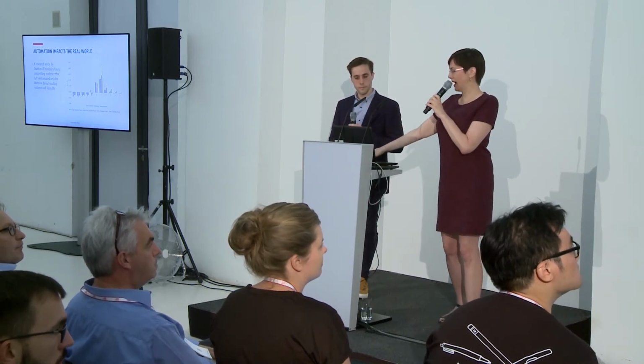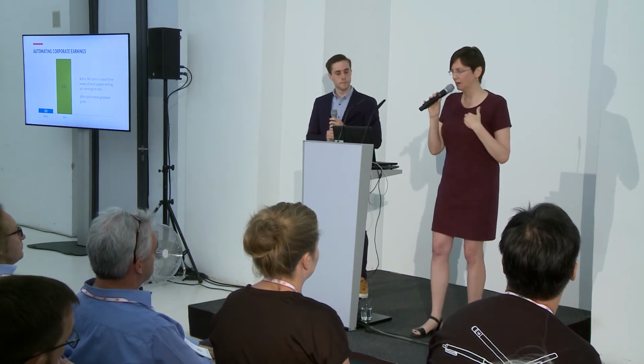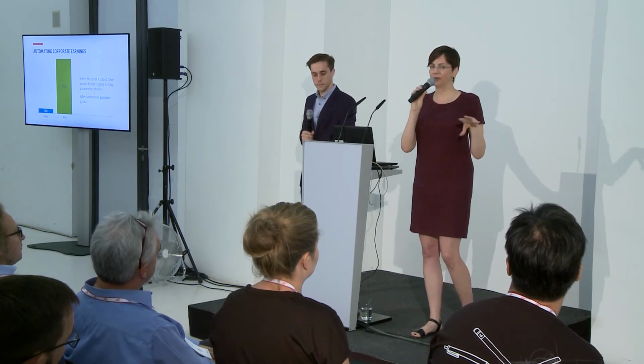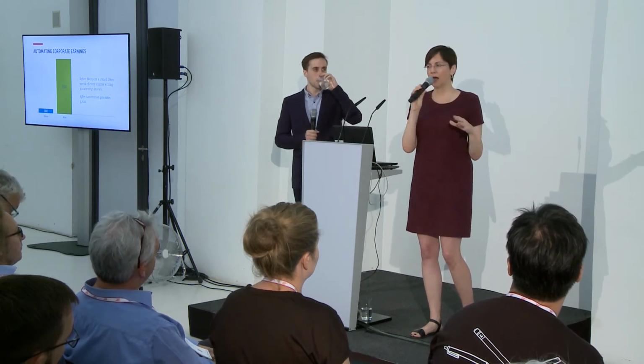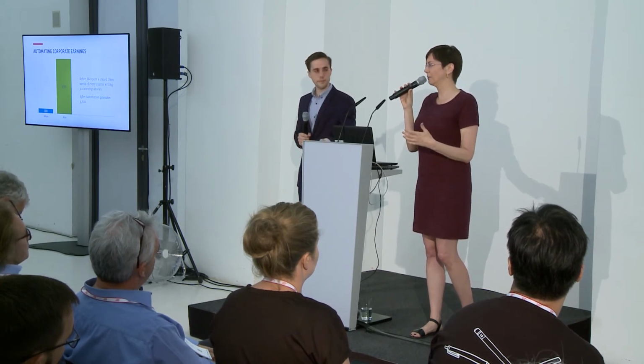Actually, before I get to this slide, I want to say more about the real-world impact of automation in my newsroom. That time that journalists were spending writing earnings stories, now that they don't have to do that anymore, I was able to beef up my technology coverage and my personal finance team.